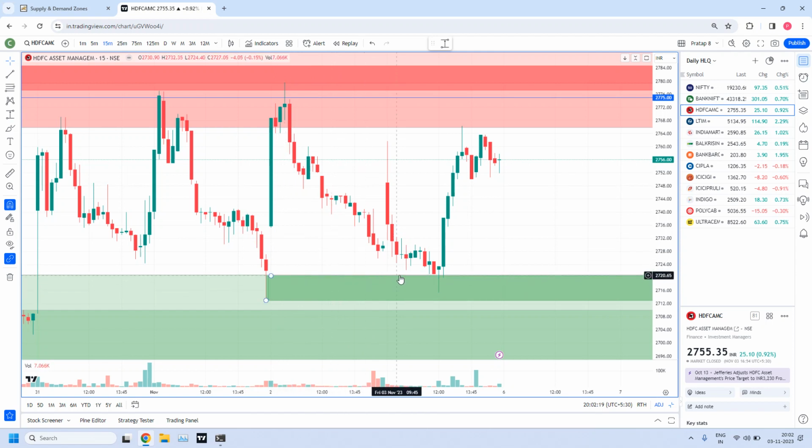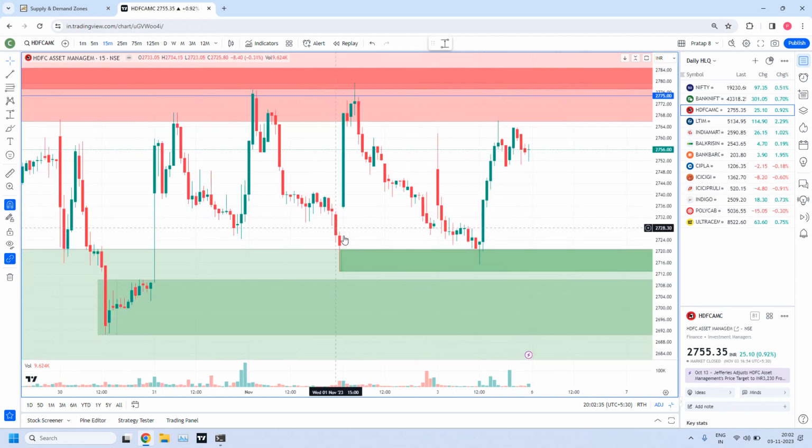By considering all these factors, you will take an aggressive trade. But those who are learning, and probably those who have maybe 4 to 5 years of experience in supply and demand zones, may not have an idea about all these concepts. But slowly you will understand all these concepts one by one.